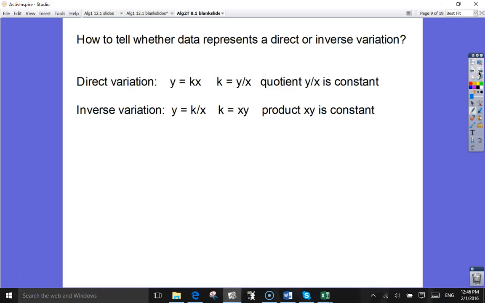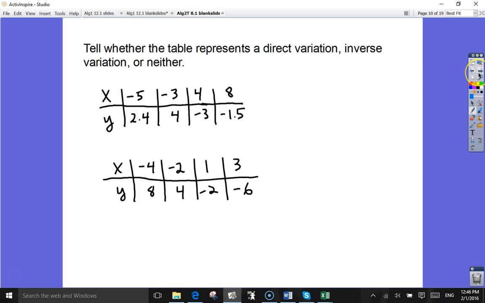All right, okay. So, for example, in this first set of data, I'm going to check first to see if it's direct. I usually just do it in order, right? So I want to check y divided by x. What's 2.4 divided by -5? Negative 0.48.